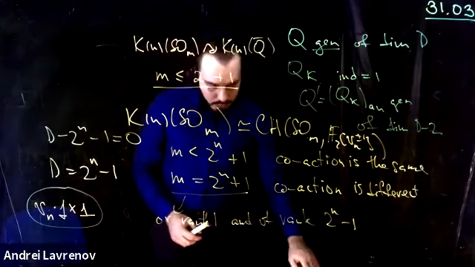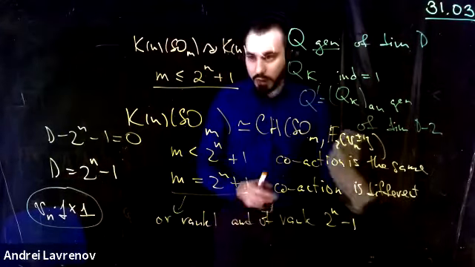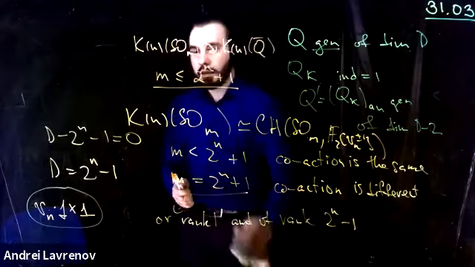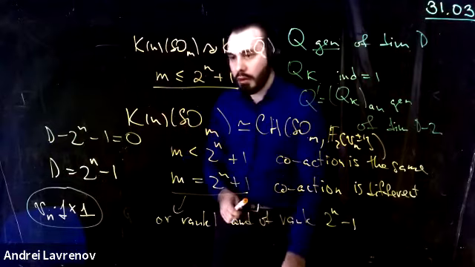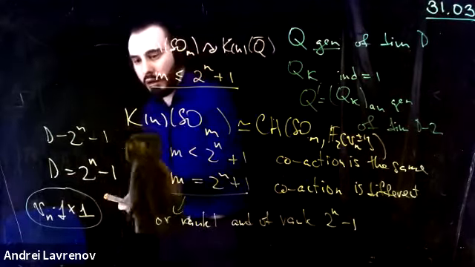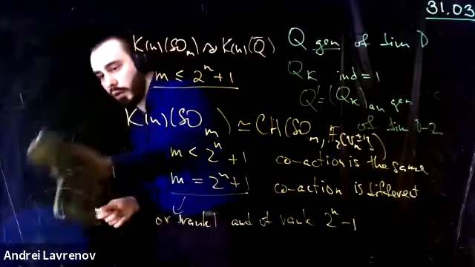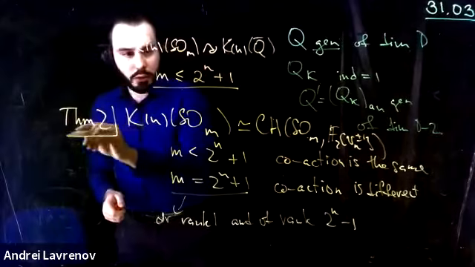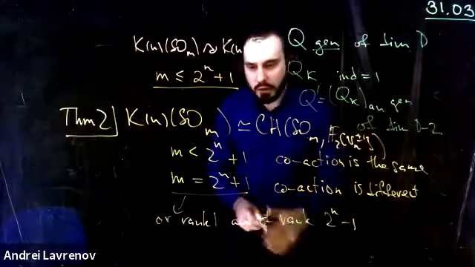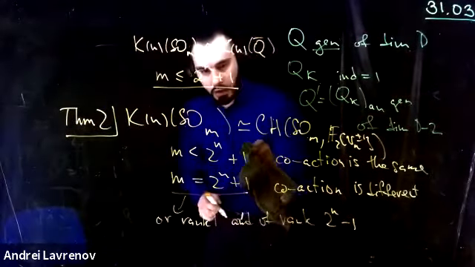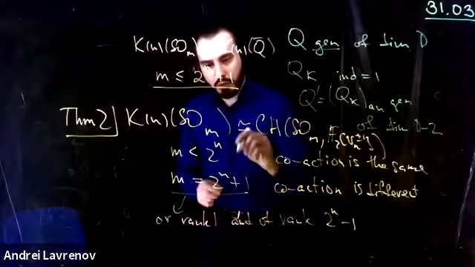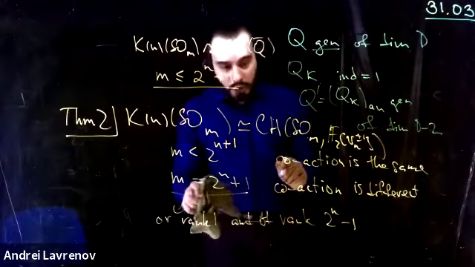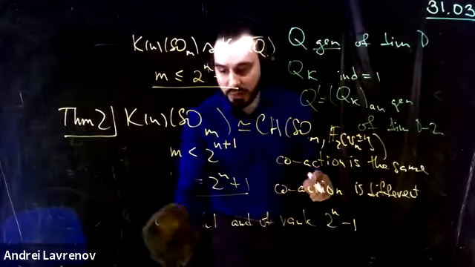And at the end, I would like also to mention that we can get more in the computation of the Morava of the special orthogonal group. In fact, we can prove that this thing is the same up to n plus 1, non-canonically as algebra, but the coaction is different.